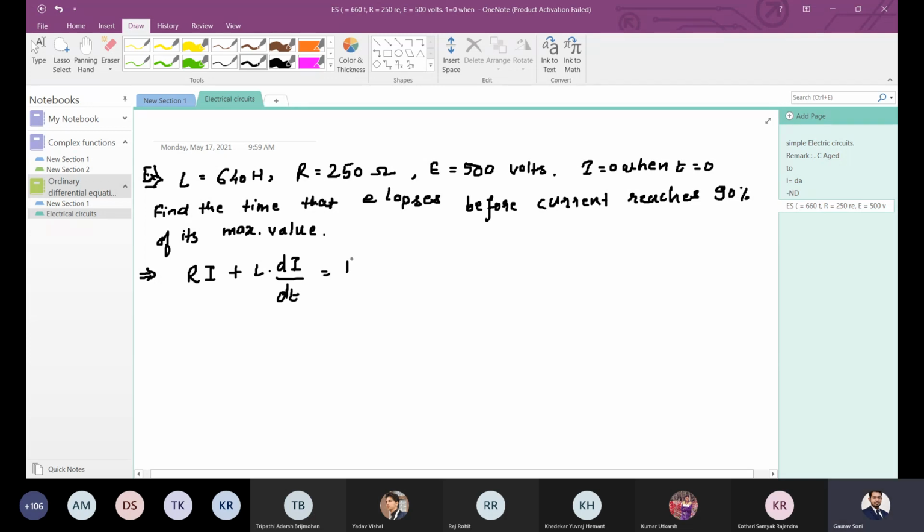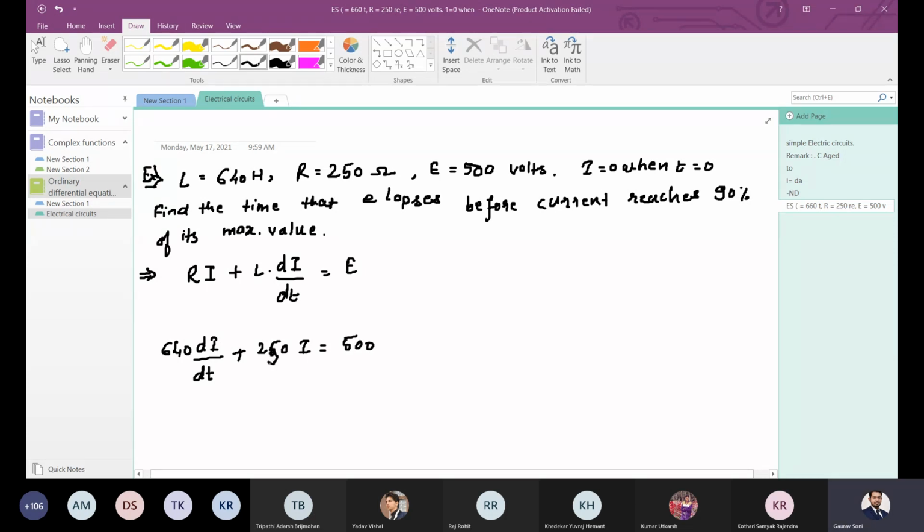This is equal to the applied electromotive force. Now we'll put the values. So we'll have 640 di by dt plus 250 into I is equal to 500.